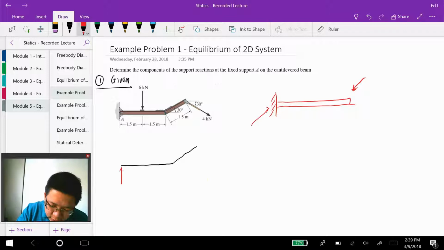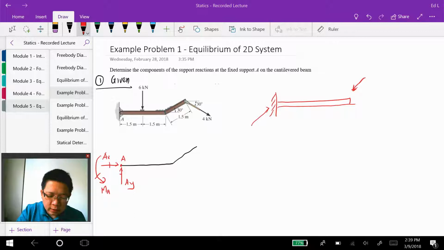The first one is AY, and then AX, which are the reaction forces in the vertical and horizontal directions, and also MA. This reaction moment actually occurs at point A, but I just draw it a little bit away from point A for clarity.